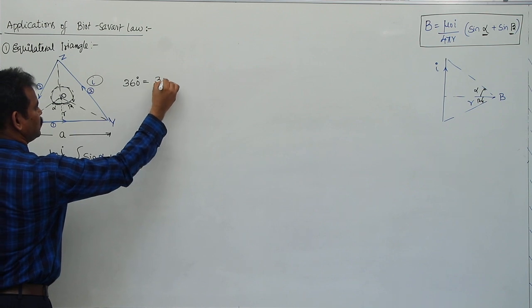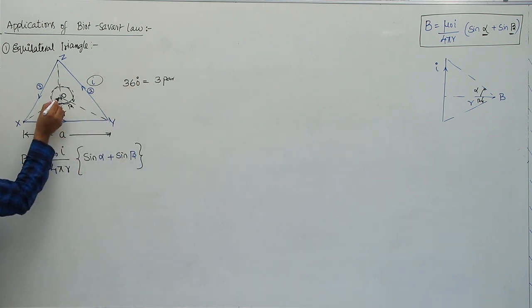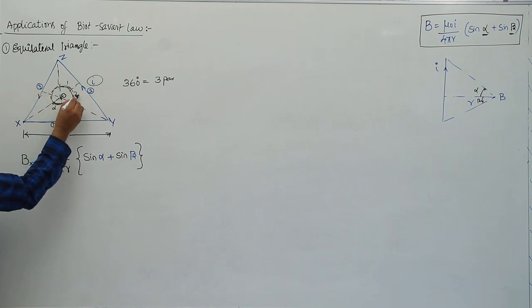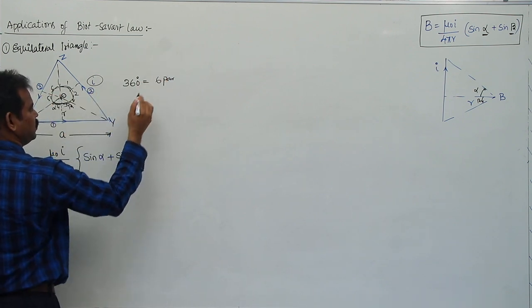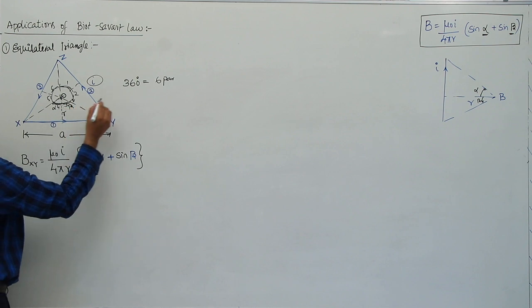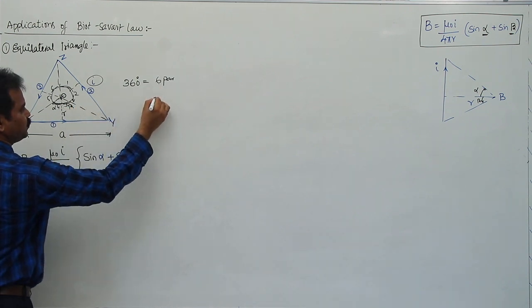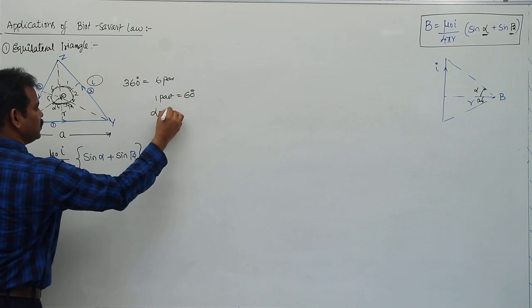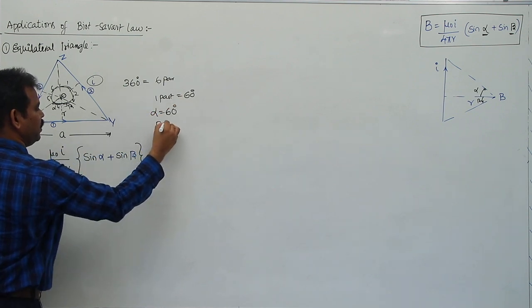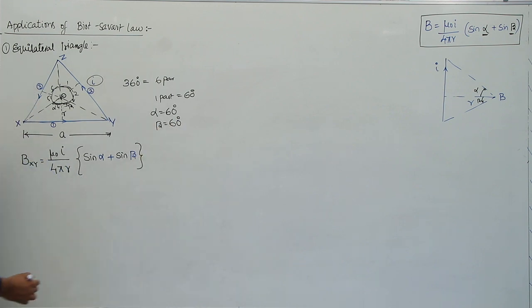Now, if you find the perpendicular distance, this is one more part and this is one more part, so this 360 degrees can be divided into 1, 2, 3, 4, 5, 6 parts. Each part is equal, so 360 degrees is divided into 6 parts. Each part is equal to 60 degrees. That means alpha is equal to 60, and beta also 60 degrees.